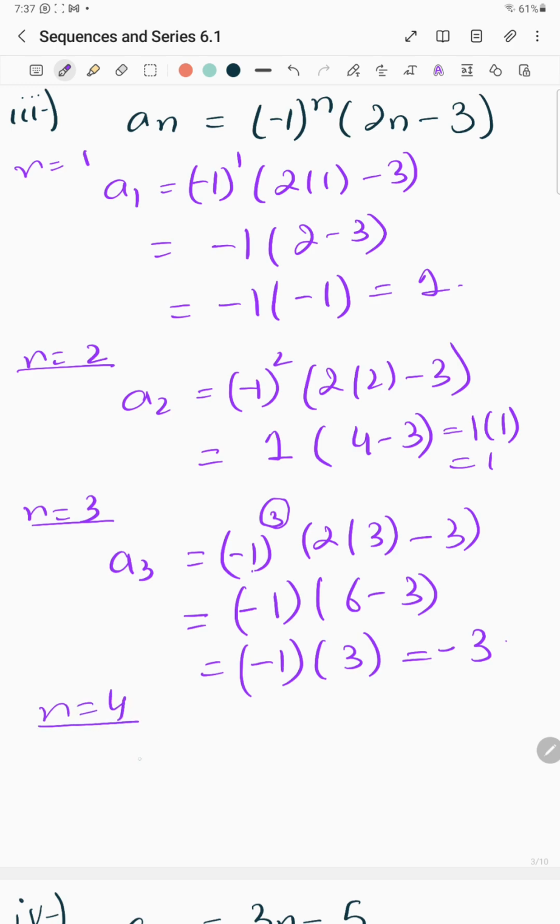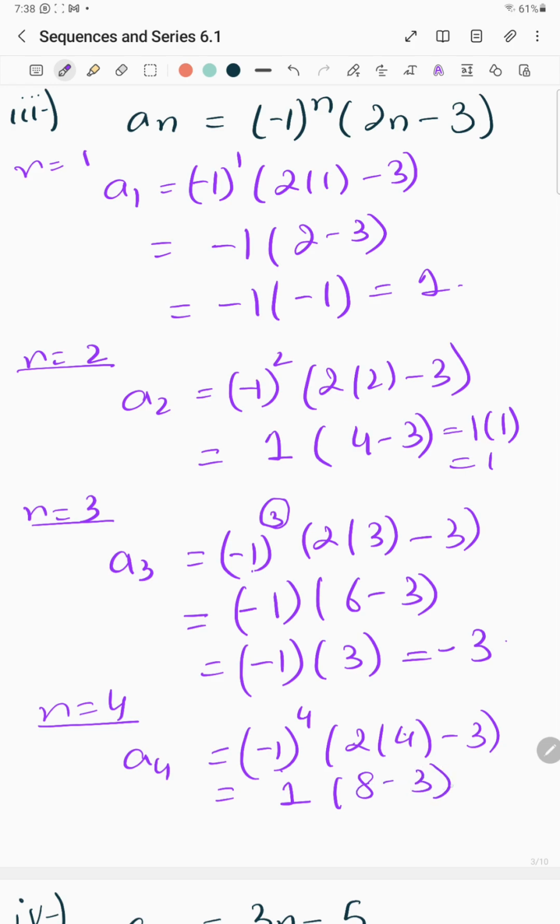N is equal to 4. -1 to the power 4, 2 into 4 minus 3. So power is even, it would be +1. 4 times 2 is 8 minus 3, which is 5.